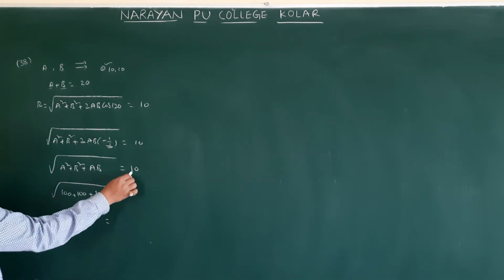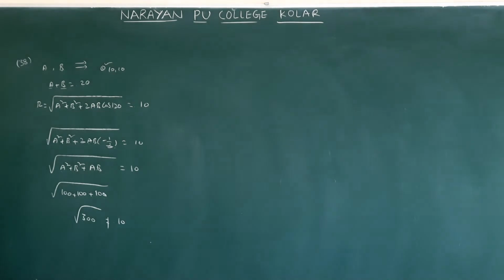So root 300 is equal to 10? Not equal. Therefore you won't get option 1.